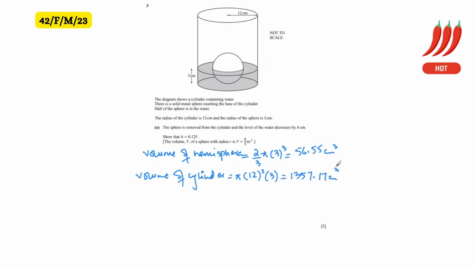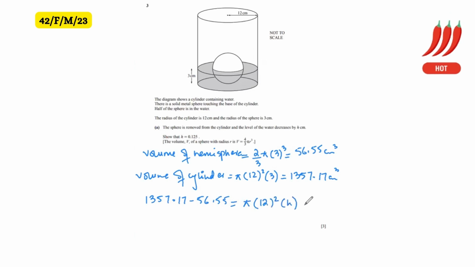So when the sphere is removed from the cylinder, the level of the water decreases. So we subtract the two volumes, so that's 1357.17 minus 56.55, and that would equal pi r squared times the height.